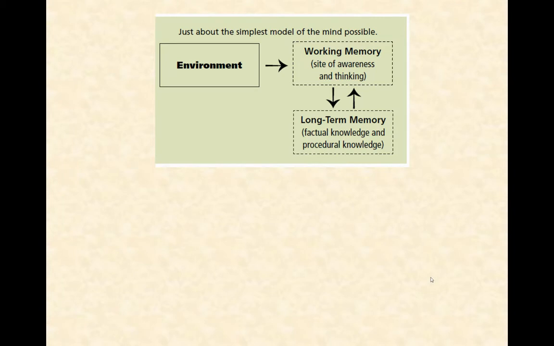And your long-term memory is a store of factual knowledge, declarative knowledge, concepts, understanding, procedural knowledge, the physical skills, things like riding a bike, those things that you have stored in your memory that you can pull up later. Long-term memories can be things that are an hour old, a day old, to many years or decades old.